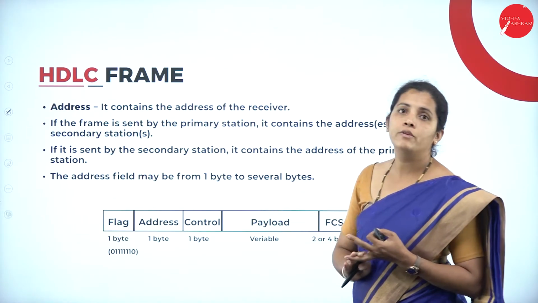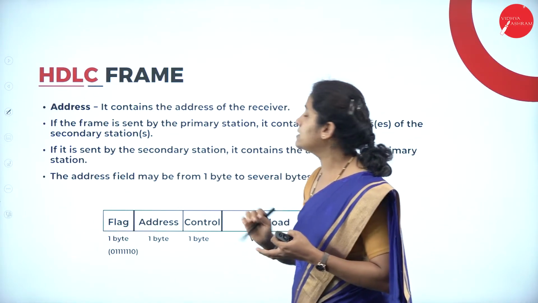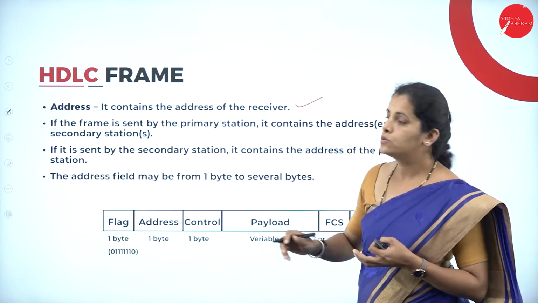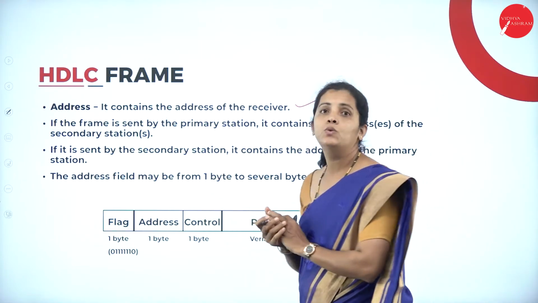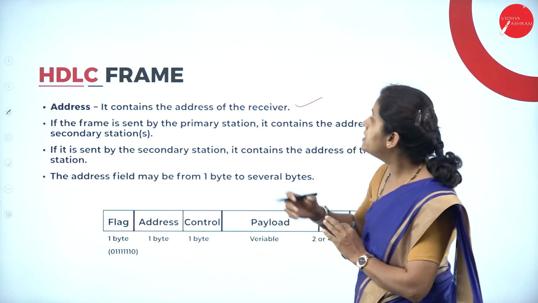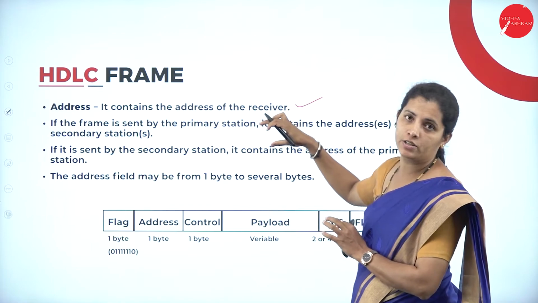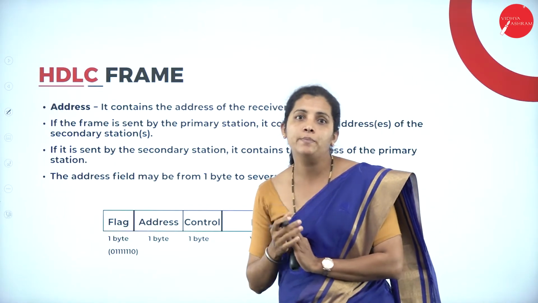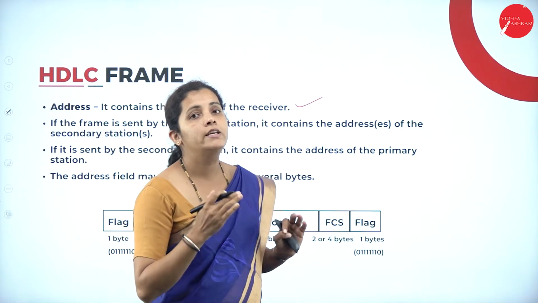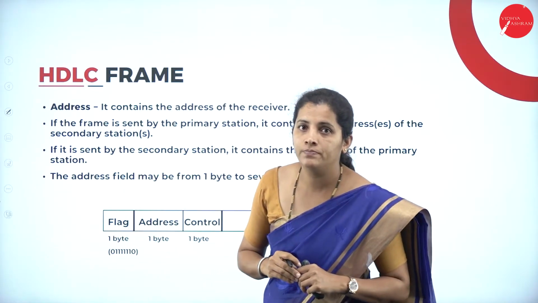Moving further, we are going to get the address. The address field holds the address of the receiver. If the frame is sent by the primary station, then it holds the address of the secondary station.